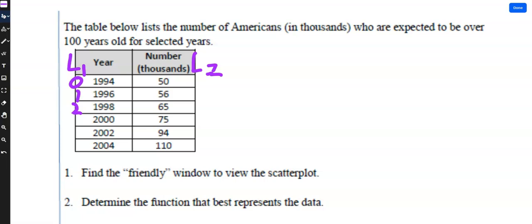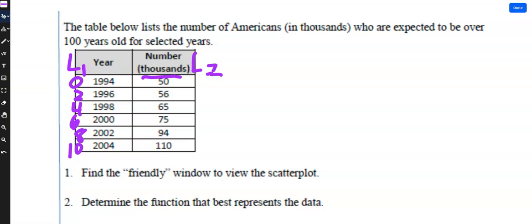Oh, nope. Back up. 0, 2, 4, 6, 8, and 10. So those will be the values that we use in list 1. And we can leave the y values in list 2 exactly the way they are. We just have to remember that they're in thousands. Okay, so that's really 50,000, 56,000.